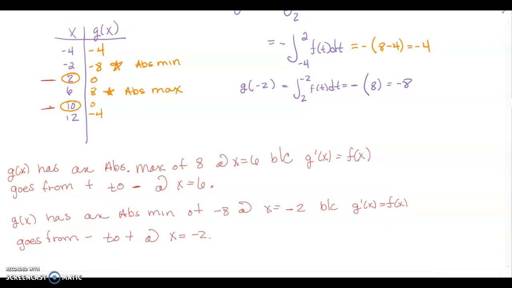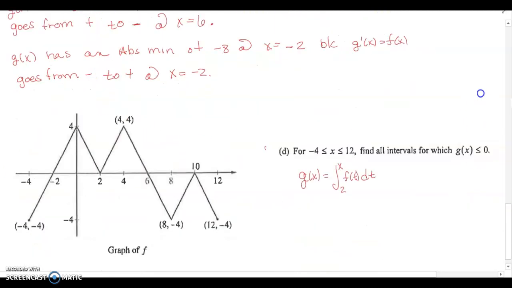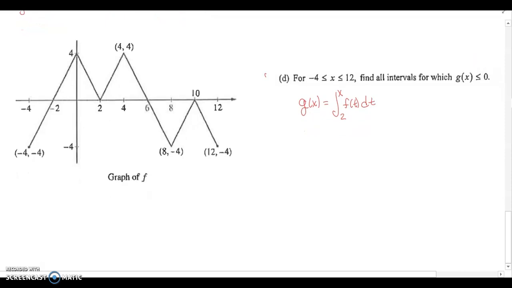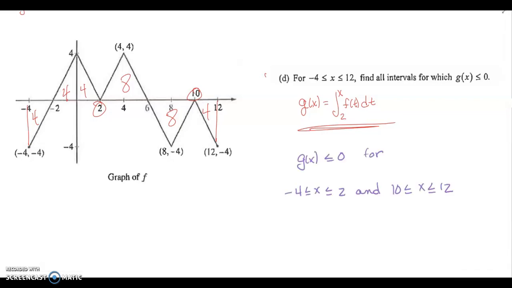So we know 2 and 10 have to be included in our answer. So we're going to think about that. All right, so I know that 2 and 10 are where g of x is 0. So take a moment and think about this integral and when the function will be negative. So after thinking about it, I hope you have the answer there in purple.